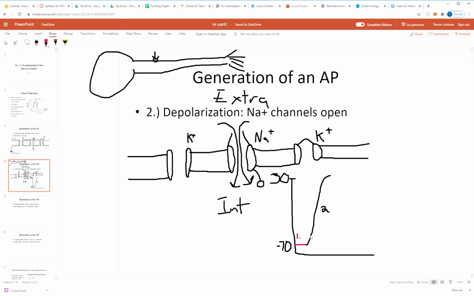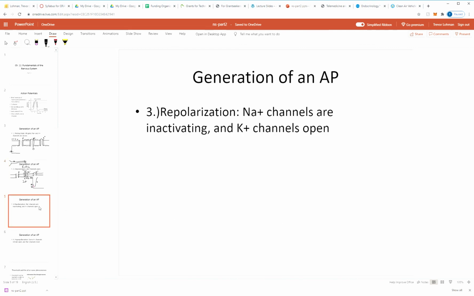And at -55, voltage-gated sodium channels open. That's what I just drew here. Once that happens, we get an action potential. There's no stopping it. But I'm getting a little ahead of myself. That's depolarization. Let's look at repolarization. So here we go, we got to draw it again.